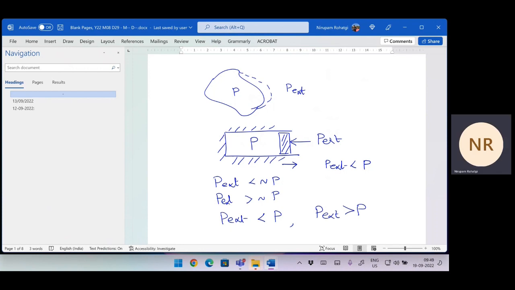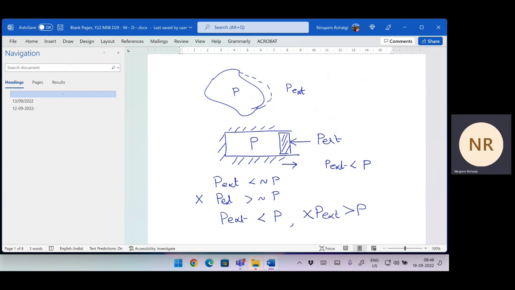Two are that P external is more than or less than, and the two possibilities are that it is slightly different or it is significantly different. Okay. Now we will leave this one and this one for the time being because it's one and the same thing. The piston is going in or the piston is coming out. P external is more or less, right? So we begin with P external is less, so the expansion is taking place.